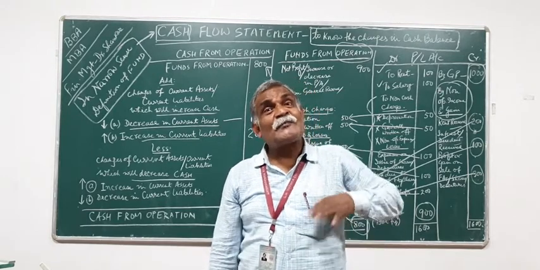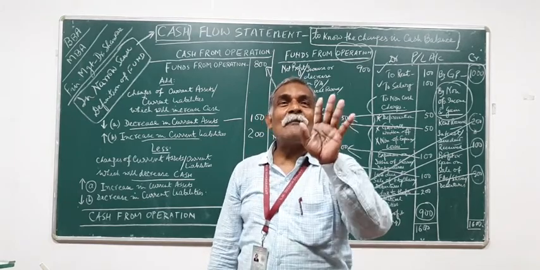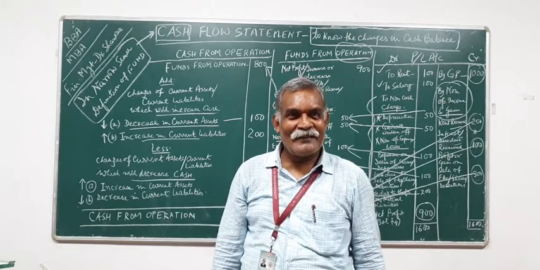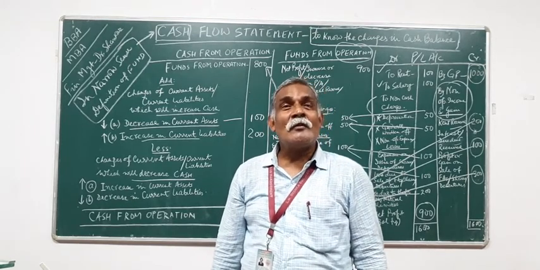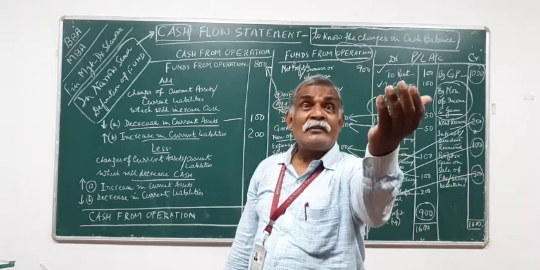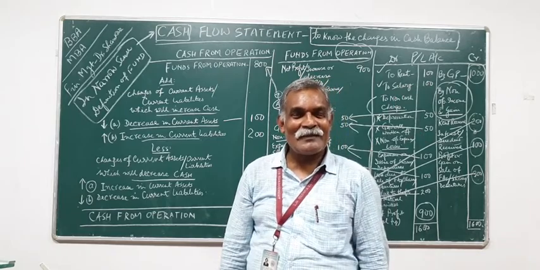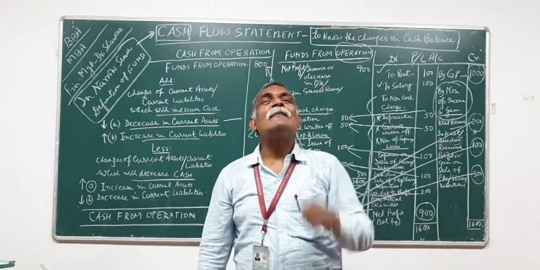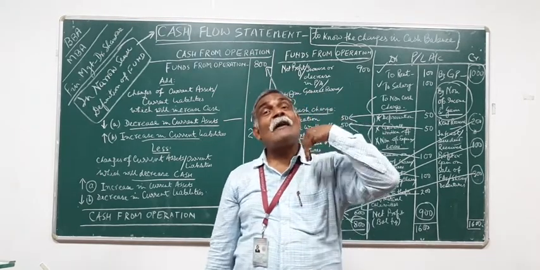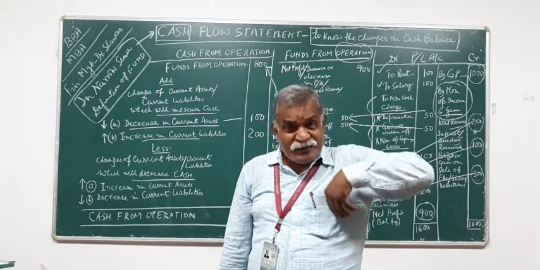Why has the cash position increased? Because we postponed the payment at the time of purchase. We purchased from a person, and that person is called a creditor. The creditor has given me credit facilities of 2 months, so I will pay back the amount after 2 months. So that amount is in my pocket.